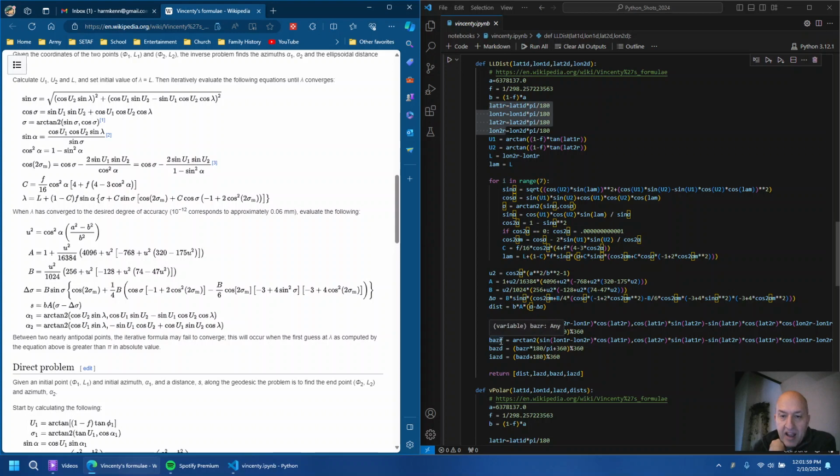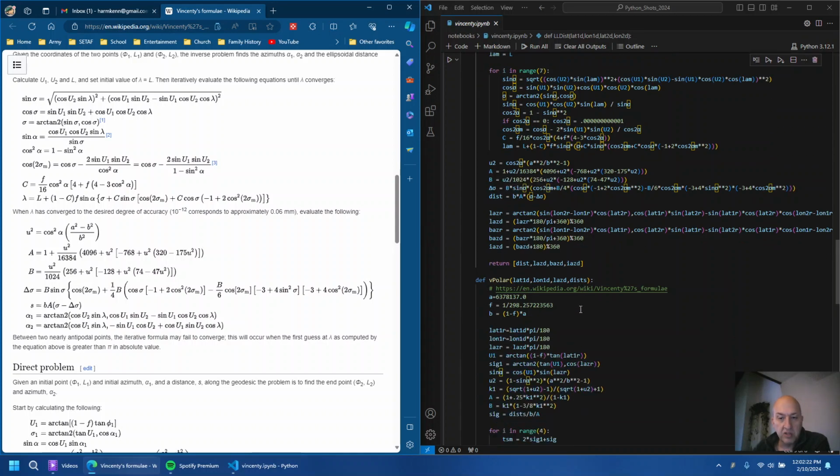And then the back azimuth in radians, and then I convert that to degrees. And then I also did an impact azimuth, but I use that for personal reasons. So I'm going to kick out the distance, the launch azimuth, the back azimuth, and then the impact azimuth.